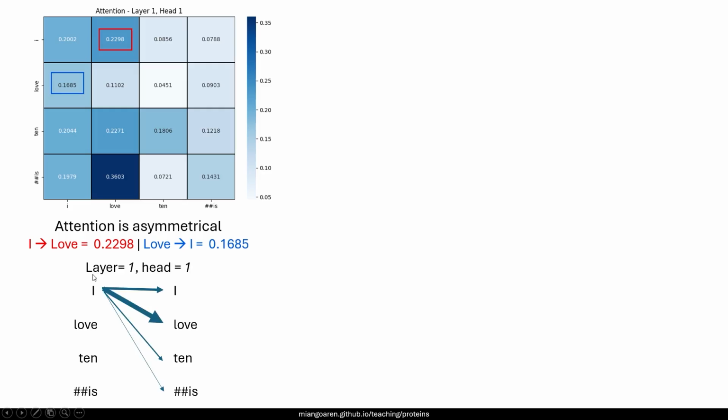So what we find is that in layer number 1, in attention head number 1, the most important word associated with I is love. The second word would be I, the third word would be tennis, and the fourth word would be this is love. And this is quite relevant given that this pattern was learned on the specific layer and head combination.